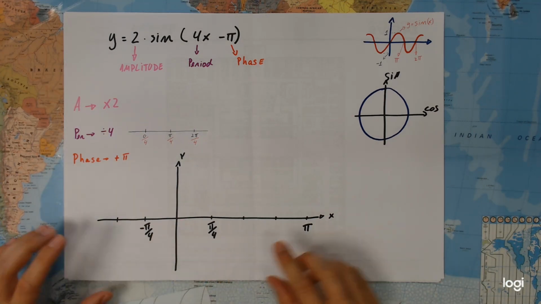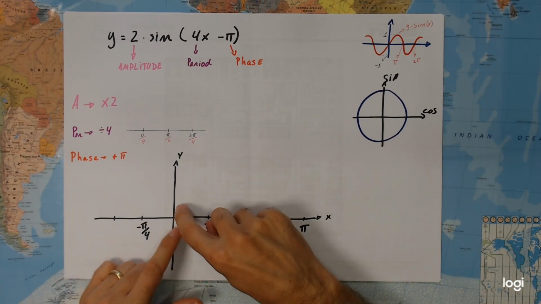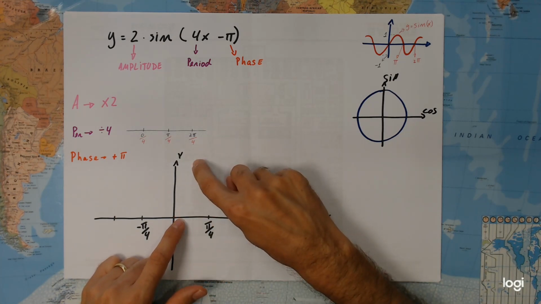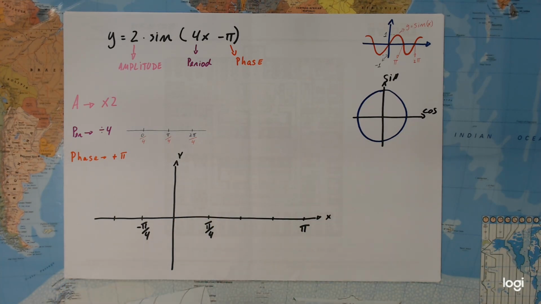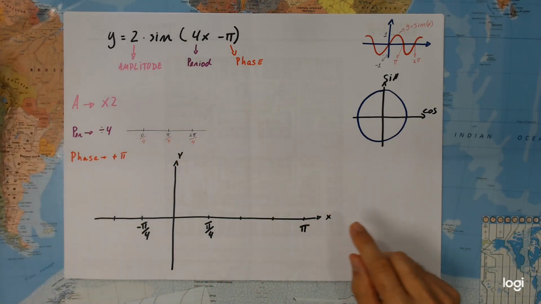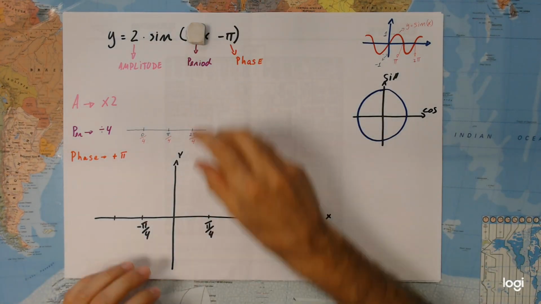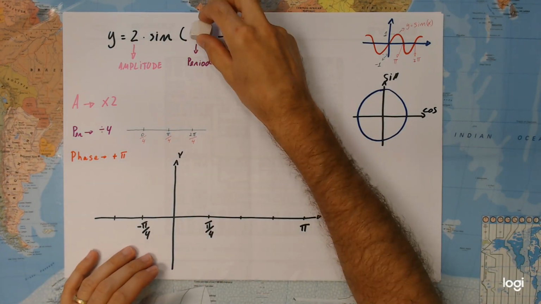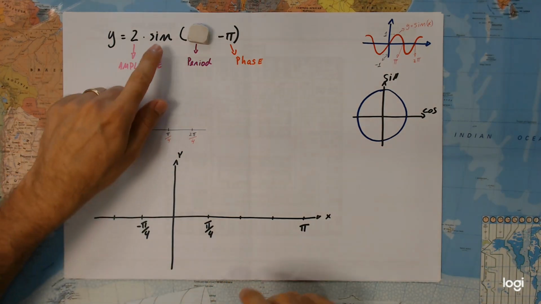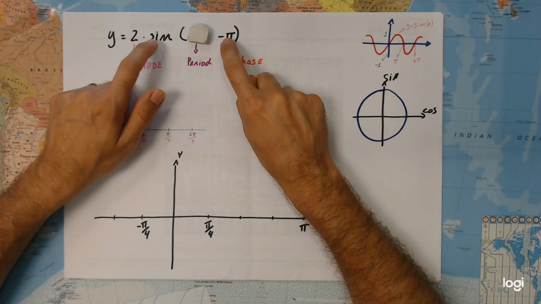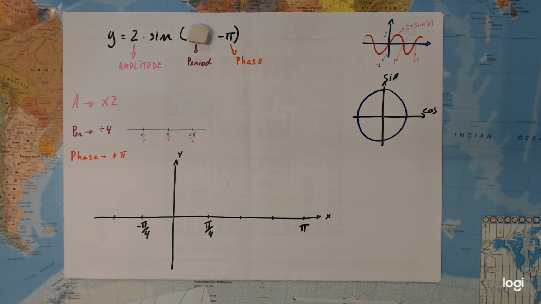We are trying to see if we are going into the positive y direction or into the negative y direction. Well, let's see. Let's hide x equals 0. What is going on? When x equals 0, this is 0, right? So it's going to be a sine of minus pi. That's where we are when we are at x equals 0.